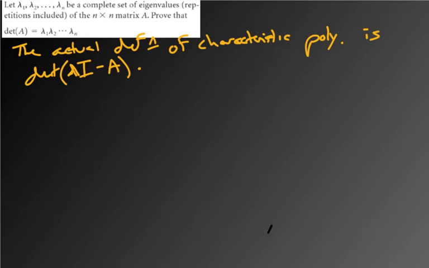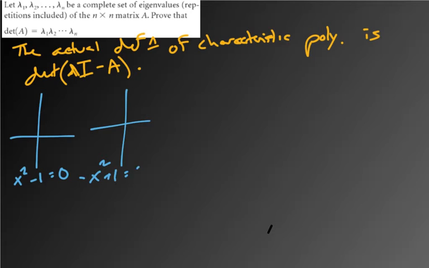The way I think about why it doesn't matter is, if you have x squared minus 1 set equal to 0, versus negative x squared plus 1 equals 0, the roots are still 1 and negative 1. If we introduce a negative, it doesn't change the roots. So it really doesn't matter if you're doing a positive or a negative one here.